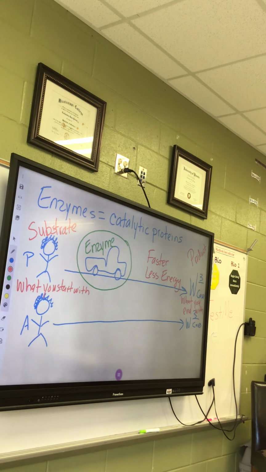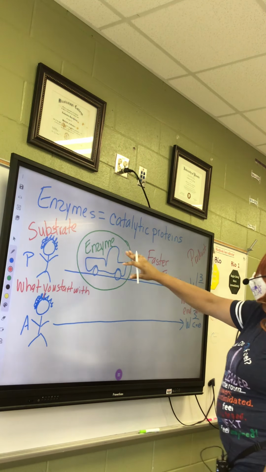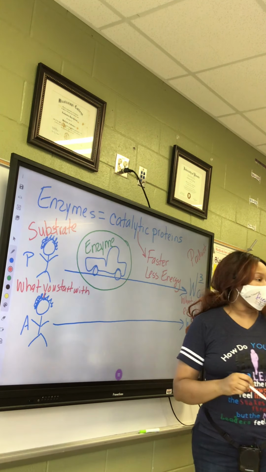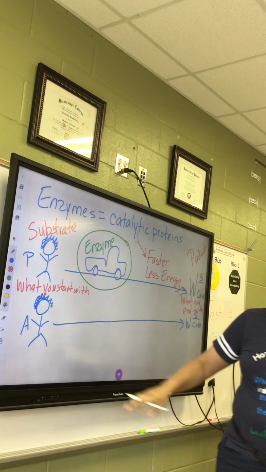That's the difference between you eating a sandwich and it digesting in your stomach with digestive enzymes, or sitting a sandwich on a table and watching it break down. It is going to break down regardless, but which one's going to happen faster? In your stomach, because you have digestive enzymes that help that reaction happen faster, okay? So that's what enzymes do. Enzymes are catalysts, and catalysts help reactions to happen faster by requiring less energy.